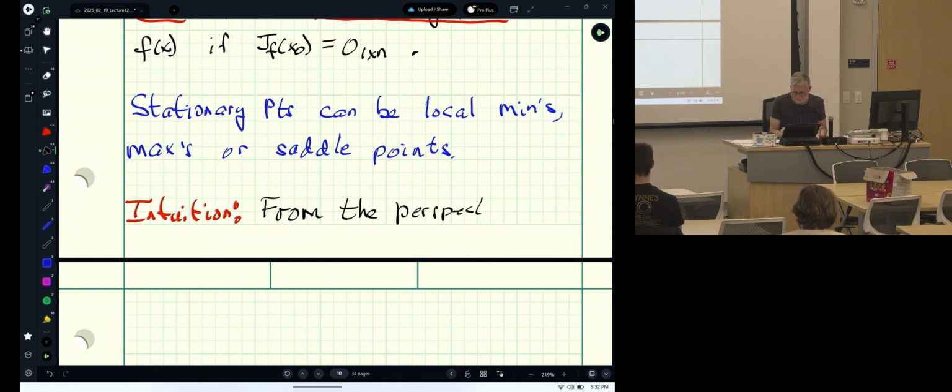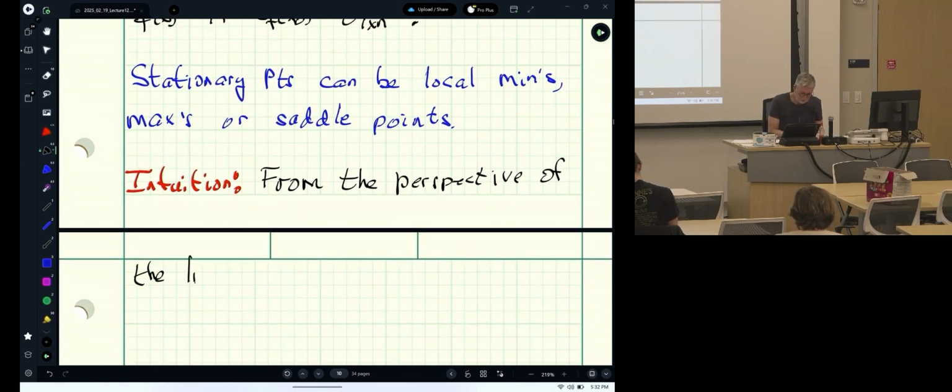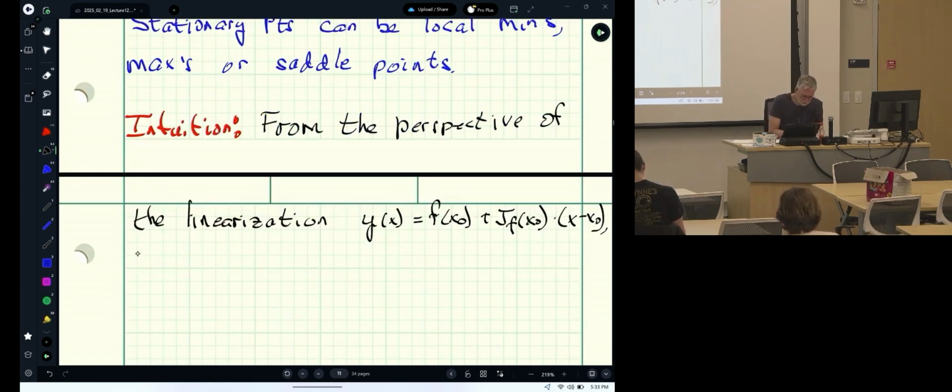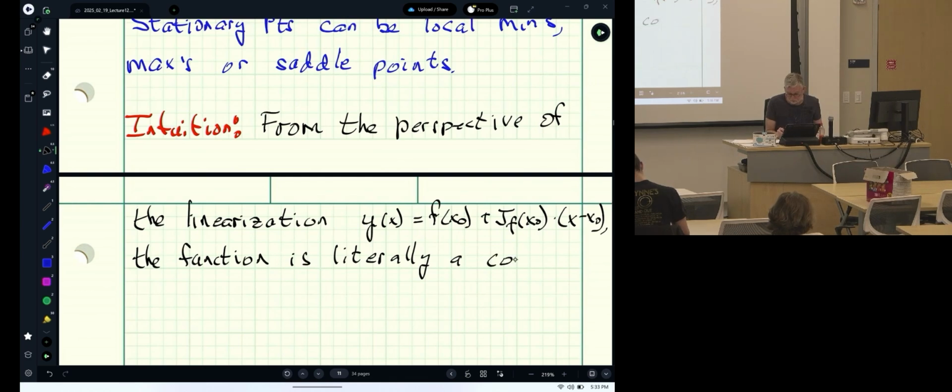From the perspective of the linearization, so that's y of x equals f of x0 plus Jacobian... function is literally a constant, so it's stationary.